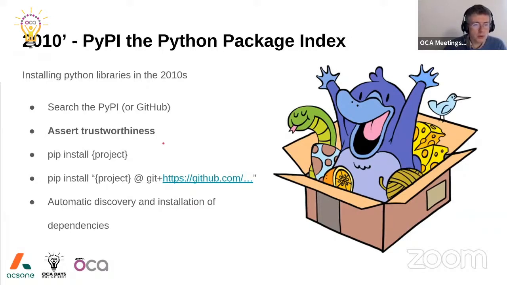That's still up to you. It's open source. But then when you want to install it, it's just a matter of typing pip install and the project name, or pip install followed by the project name and a Git reference. And pip is going to automatically discover dependencies in the metadata of the project and install them for you.